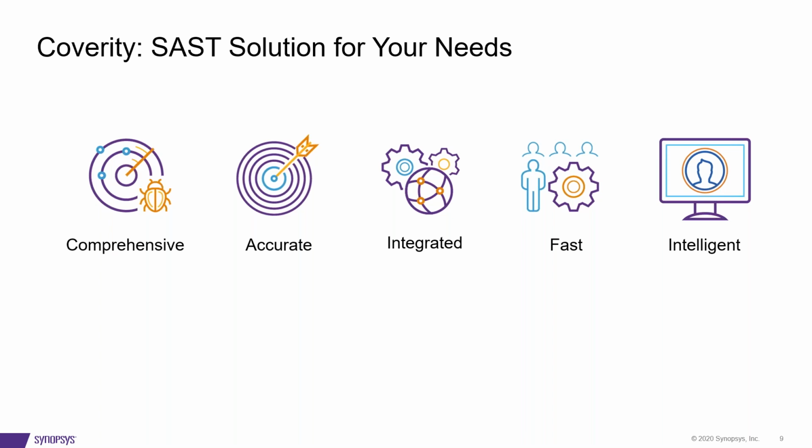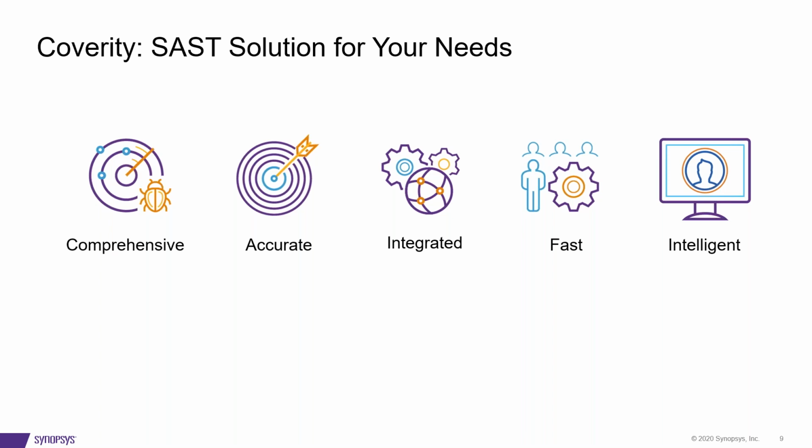You have the flexibility to analyze with or without build. You can also utilize high-fidelity incremental analysis via the Code Sight IDE plugin, and can also scale easily for very large projects. You can deploy it as per your needs, either on-premise or as a SaaS offering via the Polaris Software Integrity Platform.